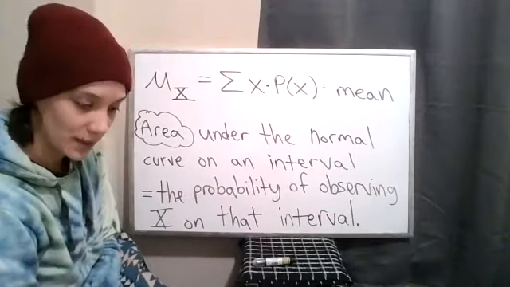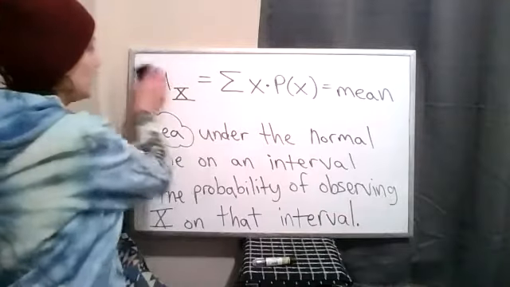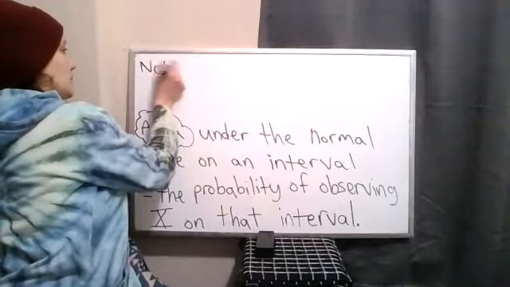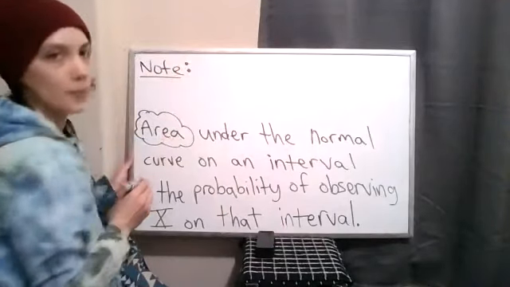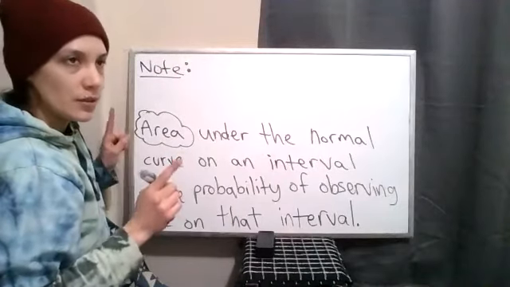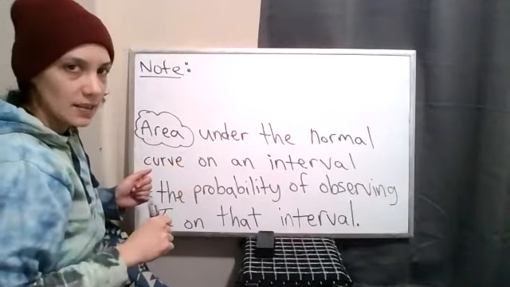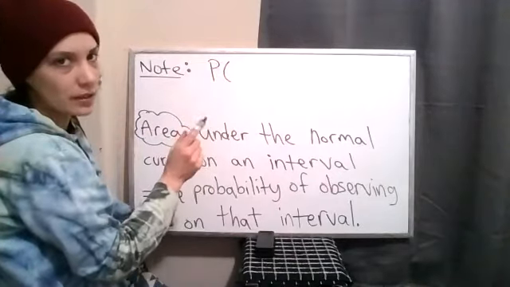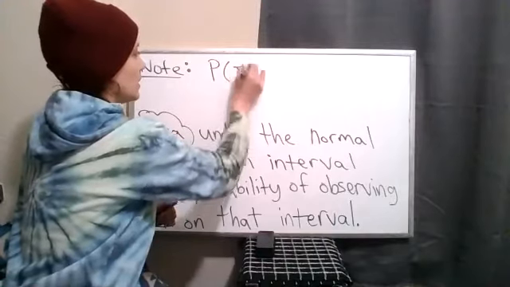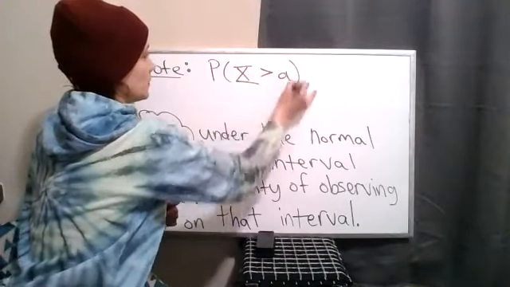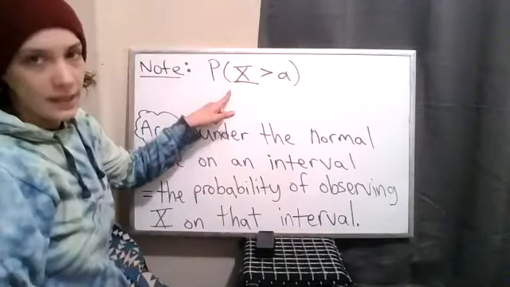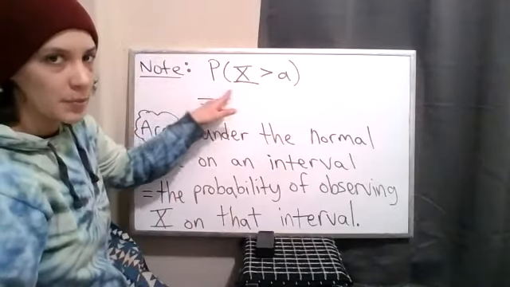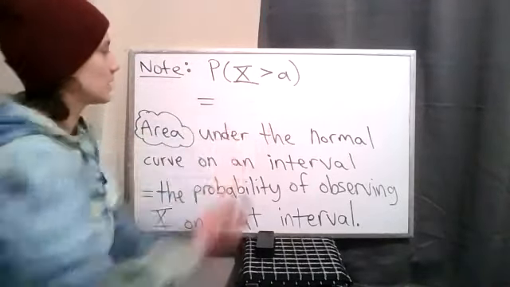And I have one more thing. Last part is, we're going to use the complement rule, but we're going to write it like this. When you have the probability of x being greater than some number a, it's equal to 1, and then subtract the probability of x being less than a.